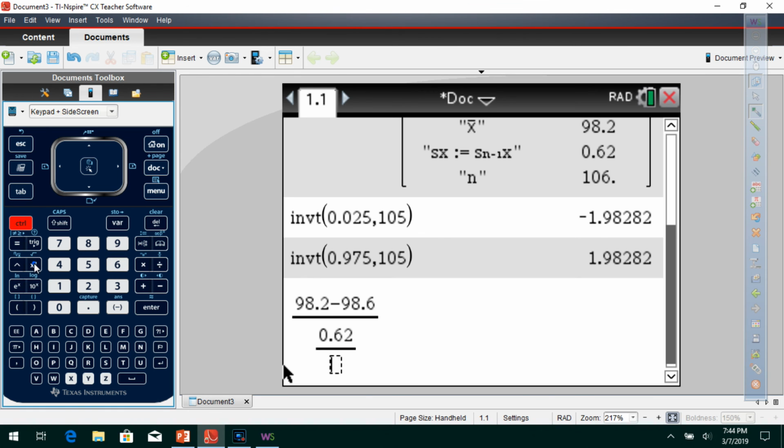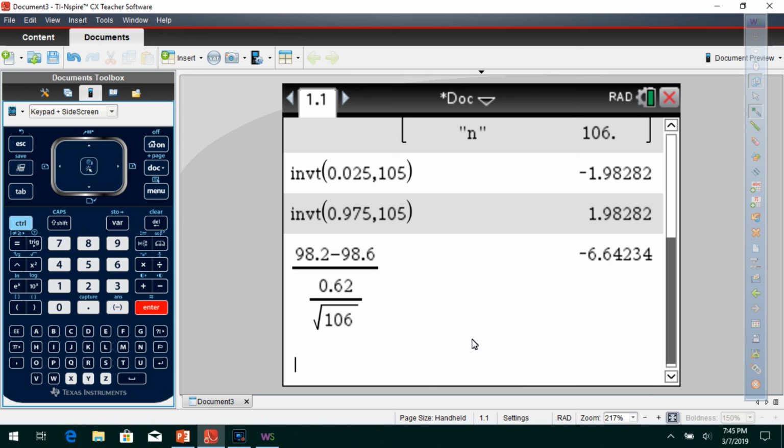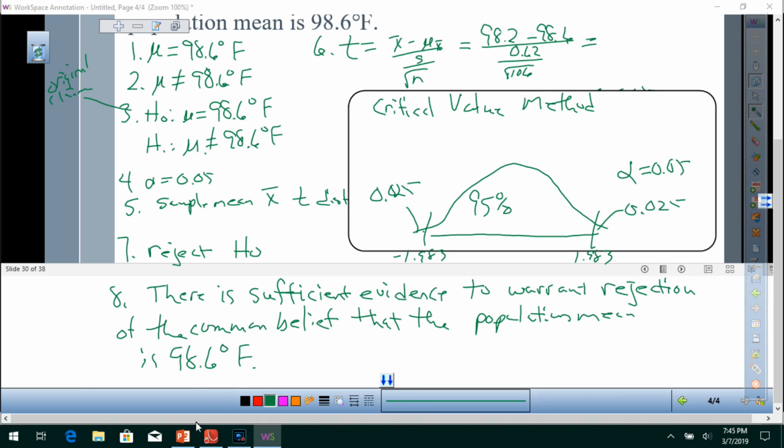And the square root of 106, and I get negative 6.64. So I got something way out here. All right, negative 6.64. Okay, so again, we're going to reject the null hypothesis and say there is sufficient evidence to warrant rejection of the common belief that the population mean is 98.6 degrees.